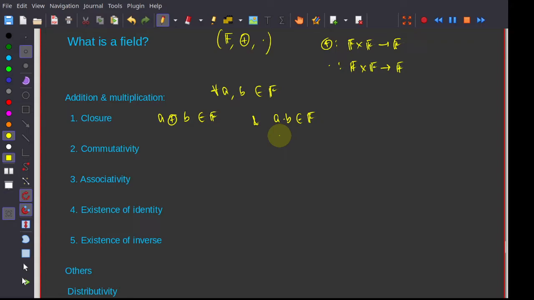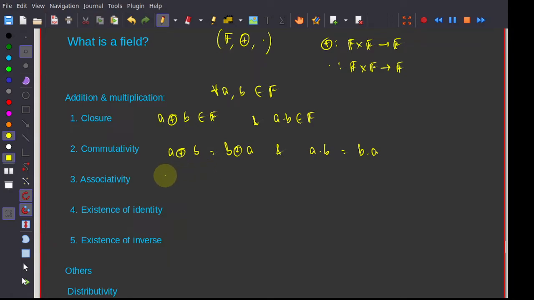And then we also want commutativity. Whether I do multiplication or addition, a plus b or b plus a, I should get the same result. So a plus b should be equal to b plus a, and a times b should be equal to b times a.